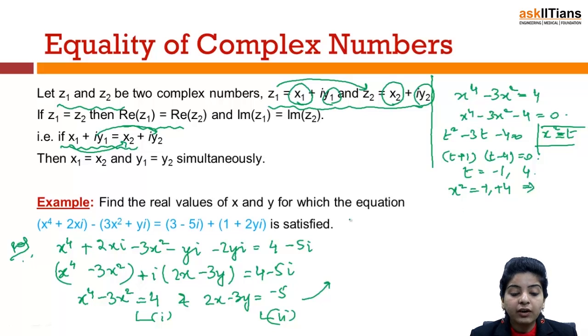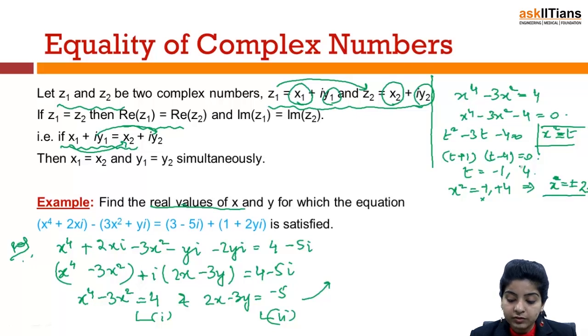And we are required to find the real values of x and y only. So I cannot take x^2 equal to minus 1 because it would just give me imaginary values. So I get x is equal to plus minus 2. This is what I get from this equation.